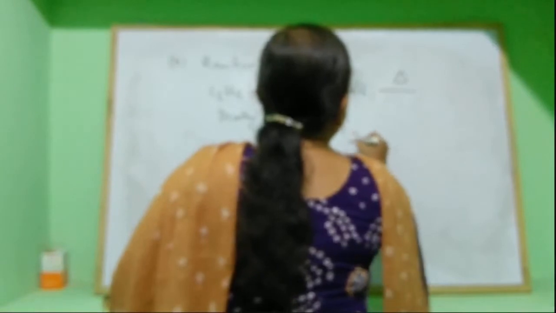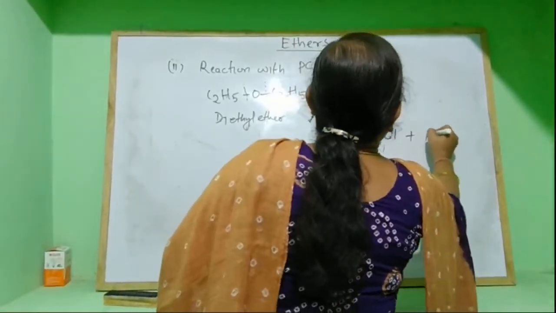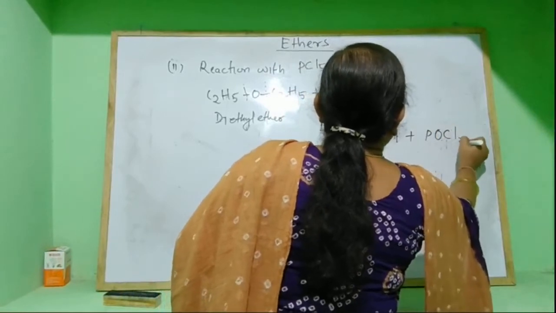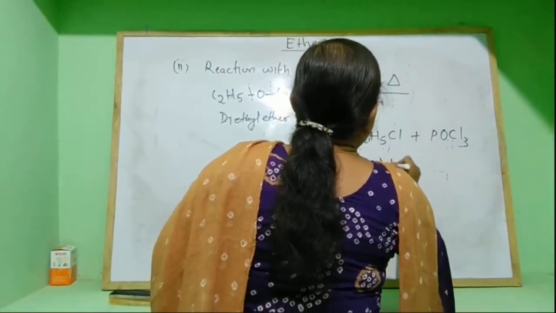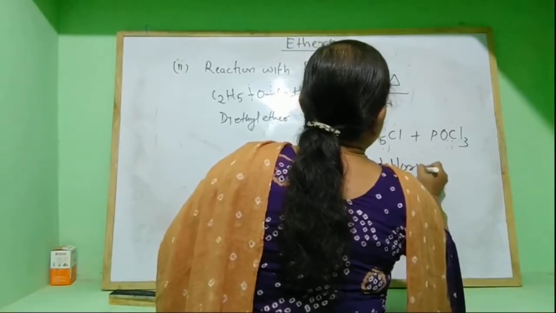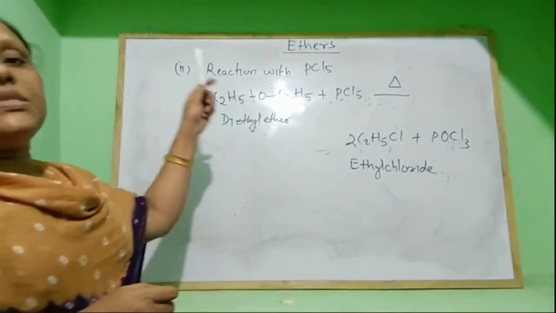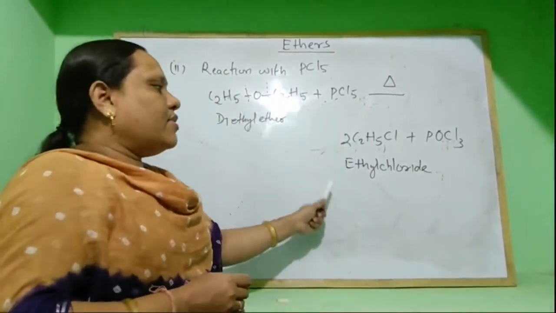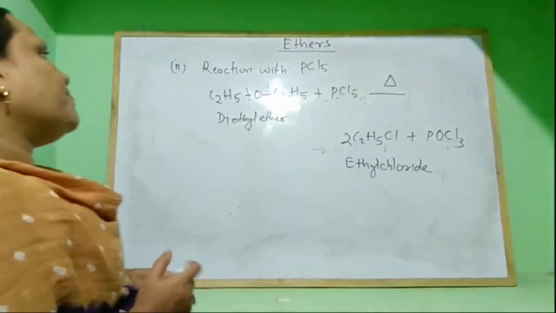It forms 2C2H5Cl plus POCl3, ethyl chloride. So when ethers are heated with phosphorus pentachloride, they form ethyl chloride and phosphoryl chloride.